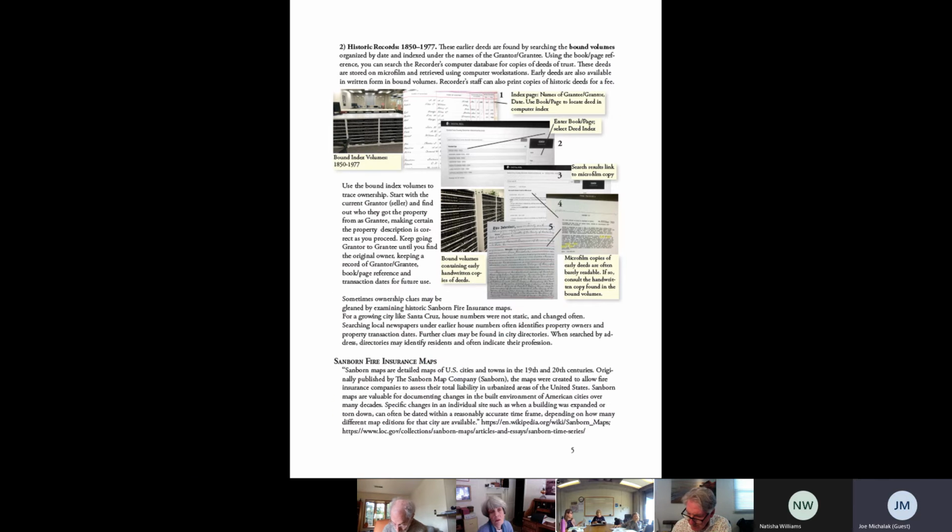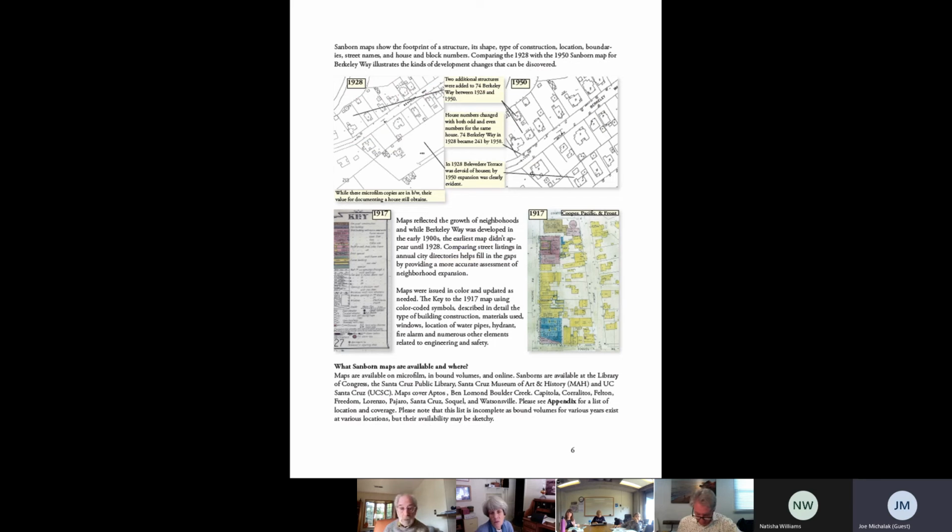What I'm doing now is going through the recorder's office using the tools that they have, the old historic workstations before 1977 and the current ones from 78 to date. A little bit about Sanborn fire insurance maps.